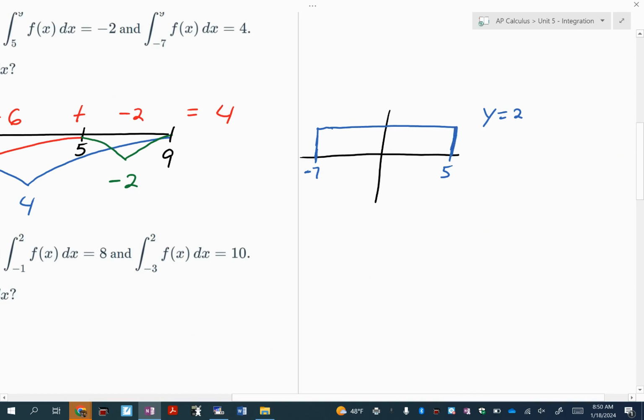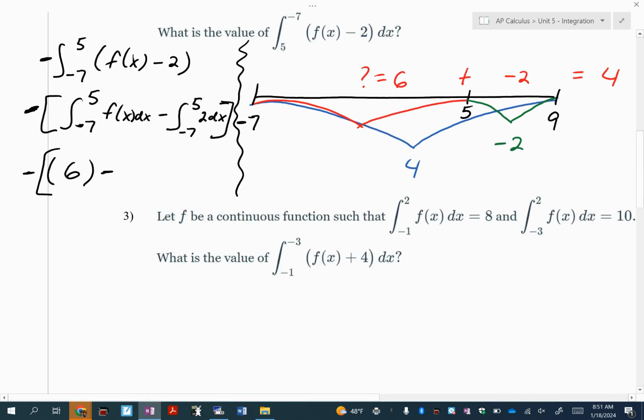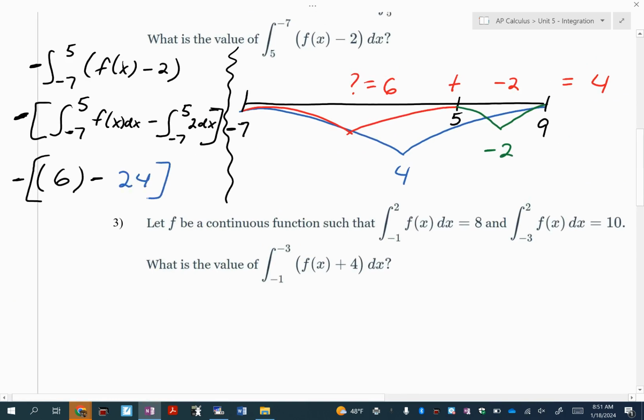So to find this value for the integral, you're just going to use your understanding of finding the area of a rectangle. What is this length here from -7 to +5? 12. What is my height, or my width? It's 2. So what's 12 times 2? 24. So this would become minus 24.